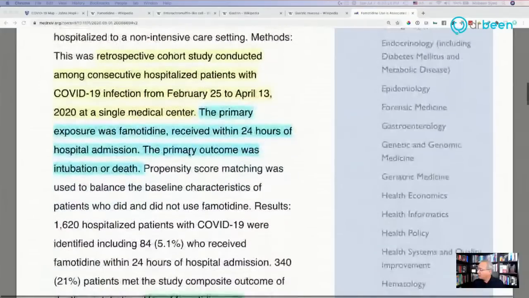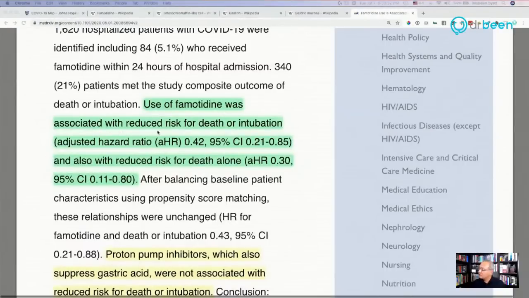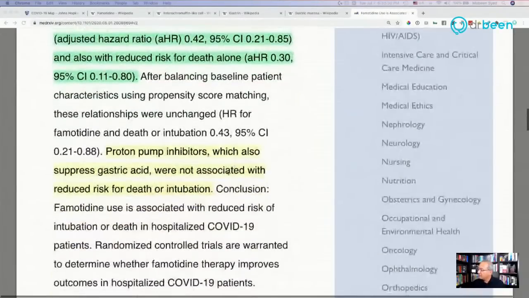So what they saw was use of famotidine was associated with reduced risk of death or intubation. And this is very important. Last time when we were talking about the MATH+ protocol, somebody had sent me this note. I think many folks had sent me this question, why do we not use proton pump inhibitors, because the audience were thinking that maybe somehow reducing the acid levels was helpful. So it is not about reducing the acid levels in the stomach.